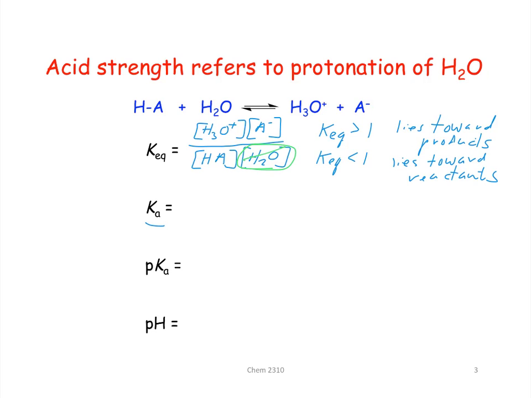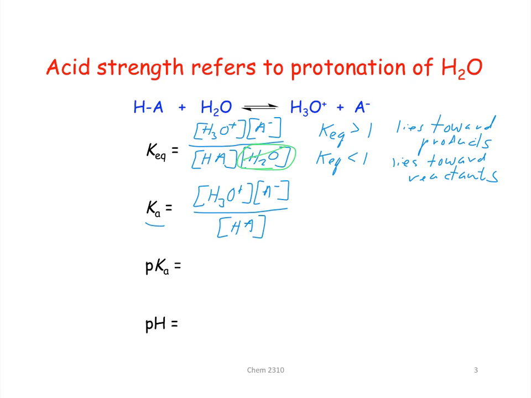So the Ka value is the hydronium ion concentration times the conjugate base concentration over the concentration of the acid. All right?